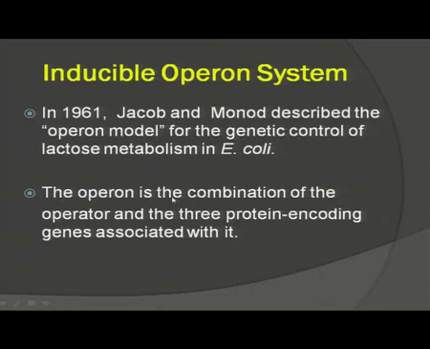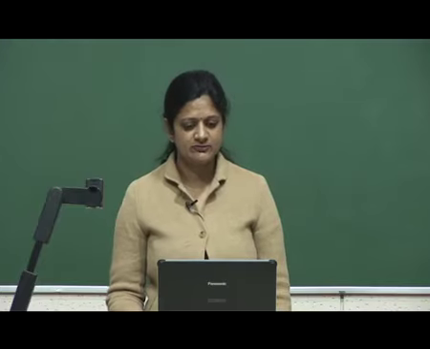The lac operon is a combination of an operator and 3 protein coding genes associated with it. So, the lac operon model, which is an inducible operon system, has an operator along with 3 structural genes which will be transcribed and translated to synthesize different proteins for lactose metabolism.